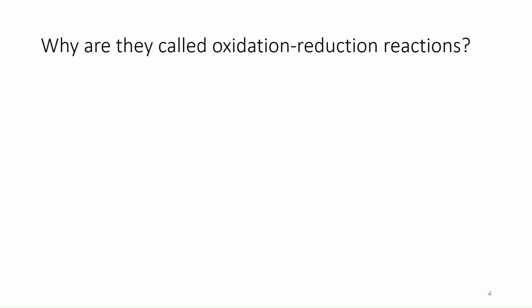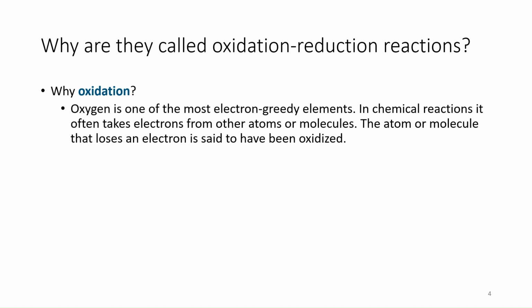But first, why are they called oxidation reduction reactions in the first place? Wouldn't it be easier just to call them electron exchange reactions? Well, let's talk about oxidation first. Why oxidation? It gets back to the study of oxidation reactions. On Earth, oxygen is very prevalent, and it is one of the most electron greedy elements on Earth.